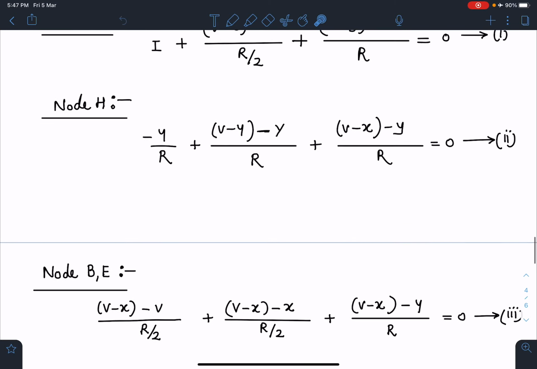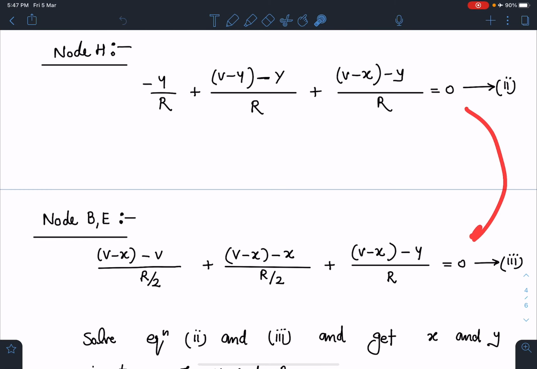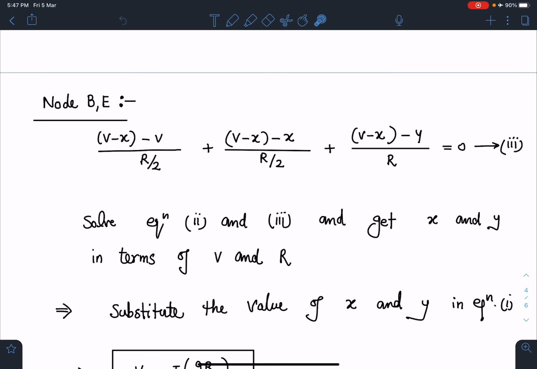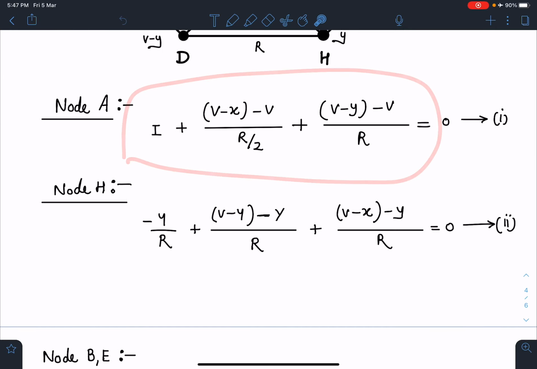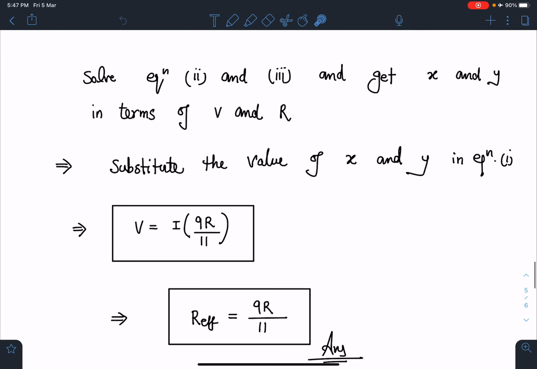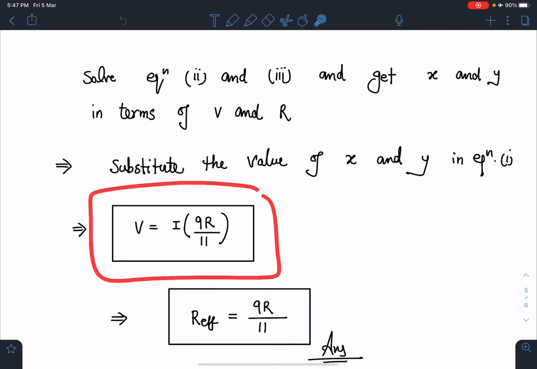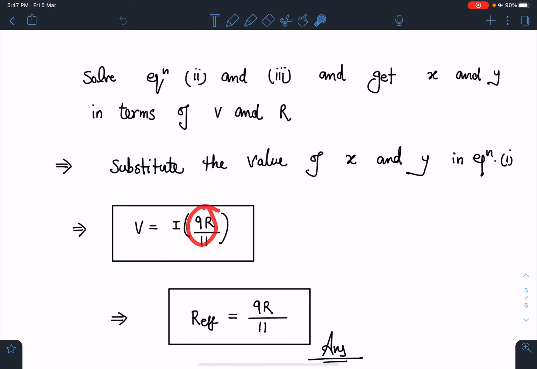After this, if you solve these two equations here, you will be getting X and Y values in terms of V and R. Once you get those two values of X and Y in terms of V and R, substitute them in this equation, and you will be getting a relation V is equal to I times something, which in this case is 9R by 11.